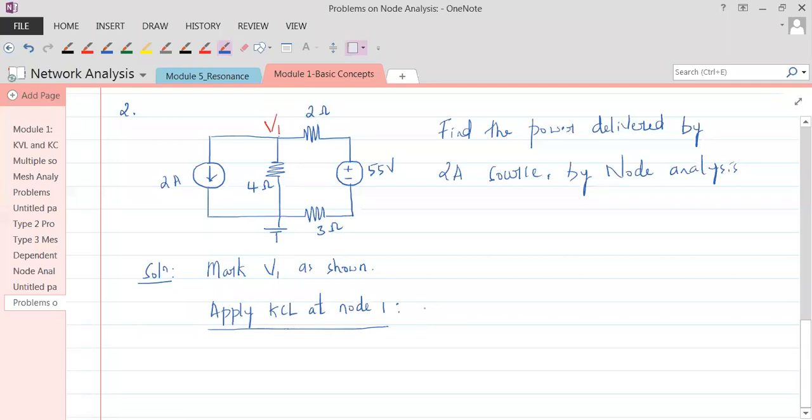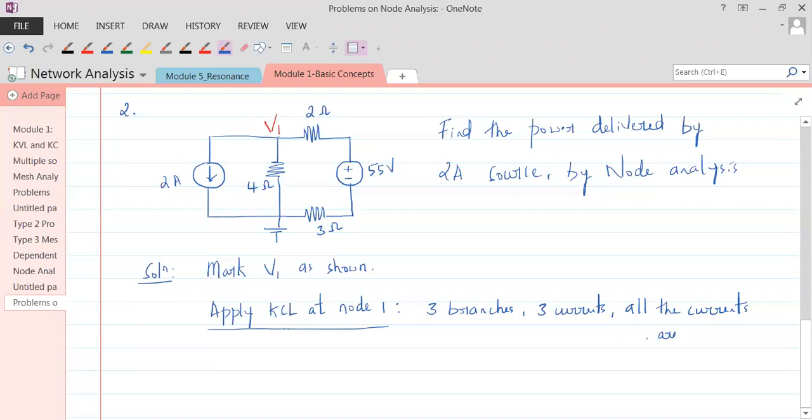If you want, you can just make a note of 3 branches. Not necessary, since we are learning. Let's write in the exam. This is not expected. 3 branches are there. 3 currents would be there. All the currents leaving. Though there is a current source, all the currents are leaving because that current source is showing the current leaving.